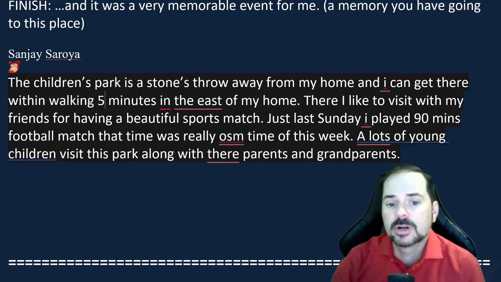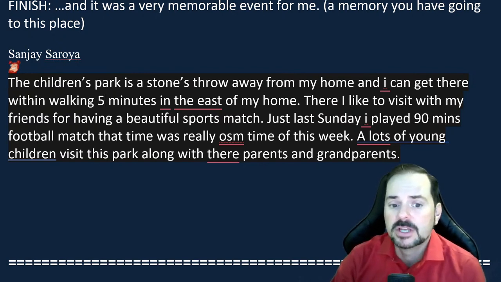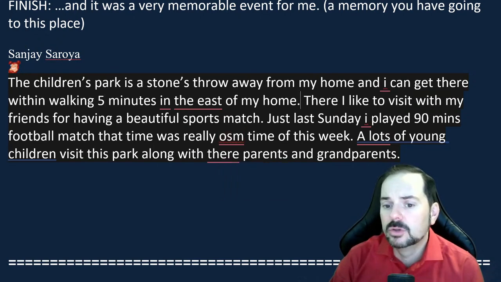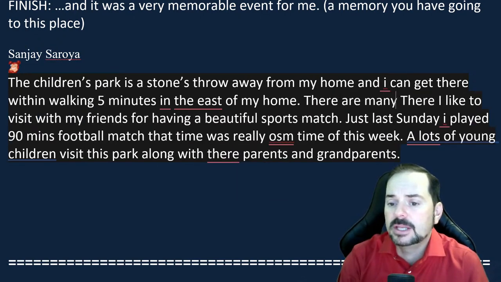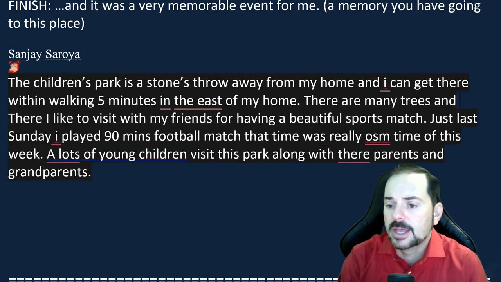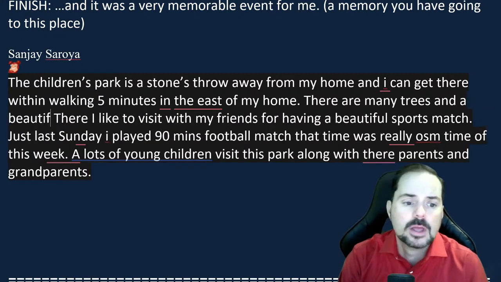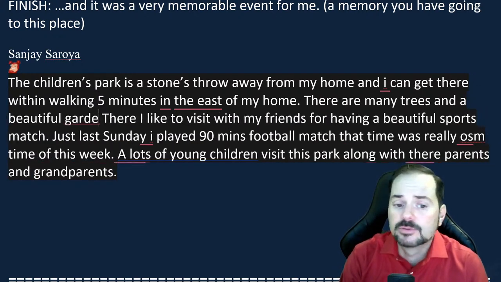So the children's park is a stone's throw away from my home, and I can get there within 5 minutes. It's off the east from my home. There I like to visit with my friends, having a beautiful sports match. You need to include, there are many trees and a beautiful garden, lots of green grass.